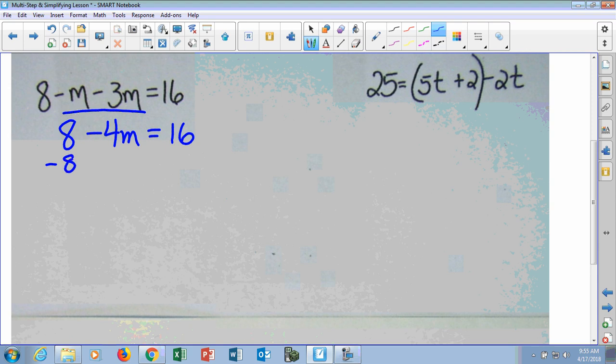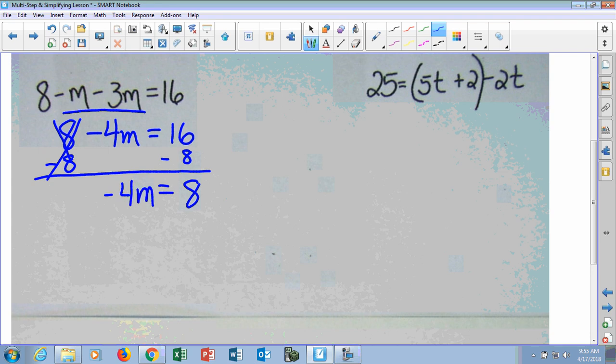Okay, I'm going to subtract 8 from both sides. All right, so when I do that, 8 minus 8 is 0. So now what am I going to do? 16 minus 8 is what? 8. All right, what else? Bring down minus 4m, okay.